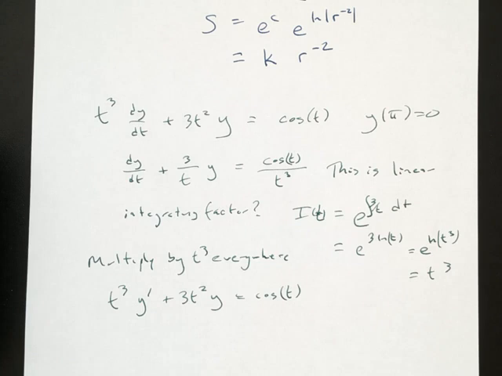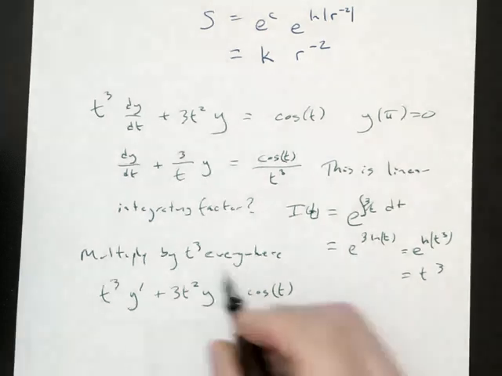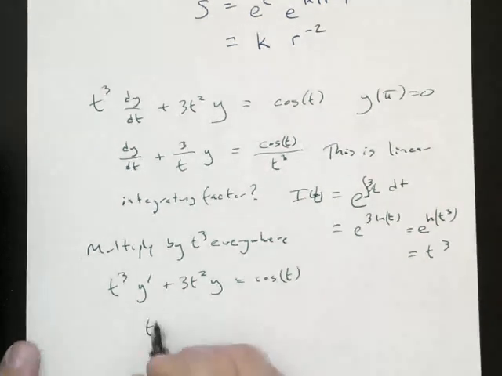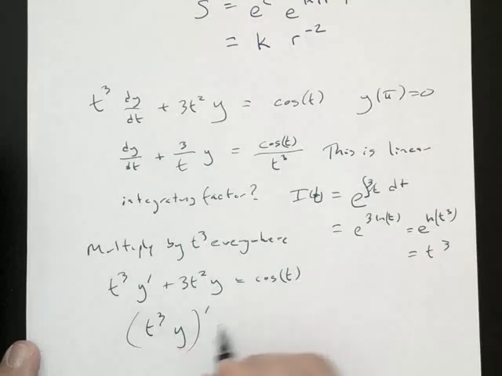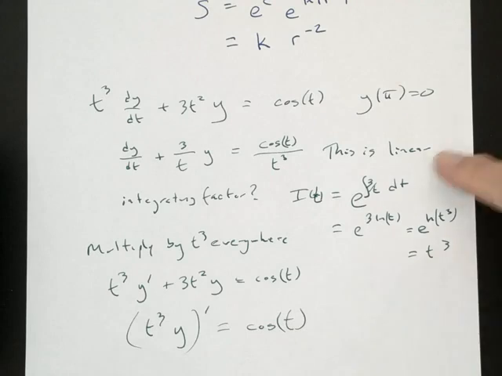Son of a, that's first derivative, second derivative, that's already product rule. I just didn't notice. Which means that this left-hand side is t cubed y prime. Integrate. You get rid of the prime. Divide by the t cubed, and you can solve for the plus c.